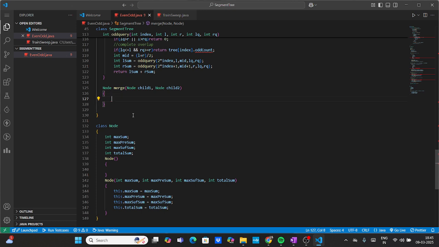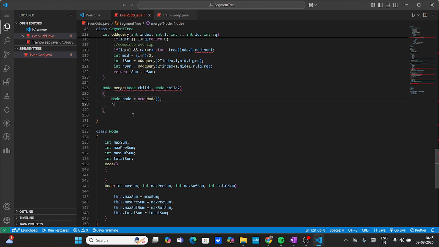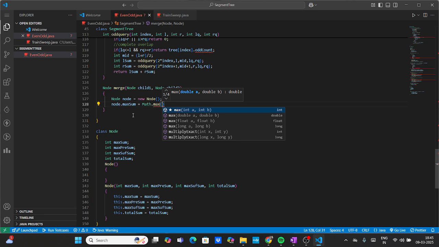Yeah. Okay. So node equals to new node. Node dot maxsum is nothing but math dot max of. Can you guys tell me?